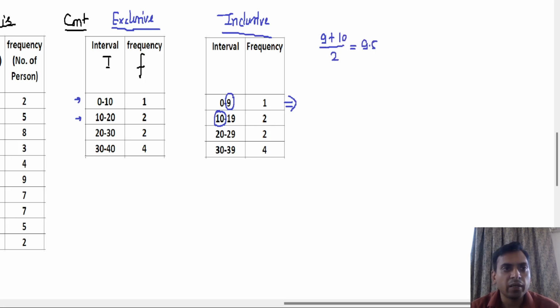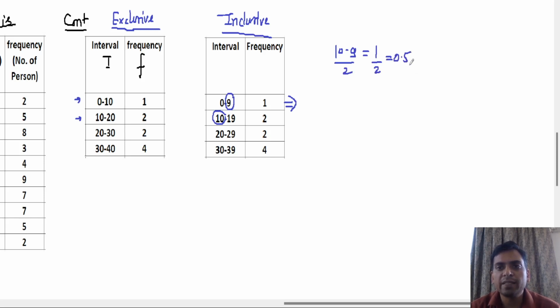Or simply we can do one more thing which is better than this. So there are 2 limits, one is this, second is this, so you can find the difference of this 10 minus 9, the difference is 1 and this divided by 2, so this is equal to 0.5.